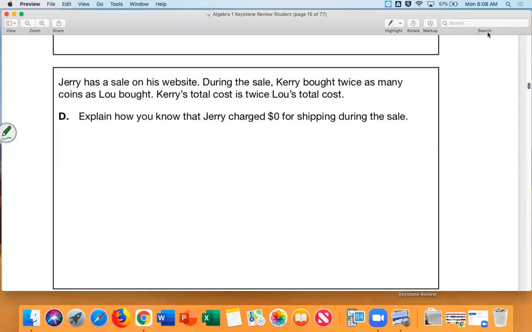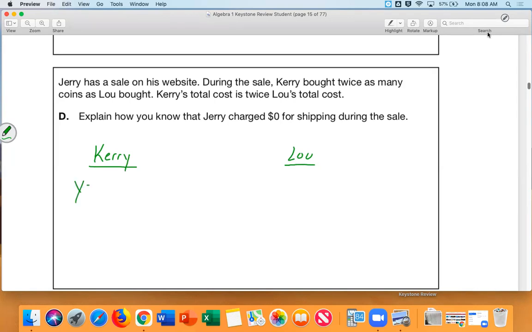There's 2 things, Delaney, that I could change, right? The cost of the coin or the shipping, right? Or I could kind of do a sale on both, agreed? Now let's think about this. Let's think. Carrie and Lou, right?